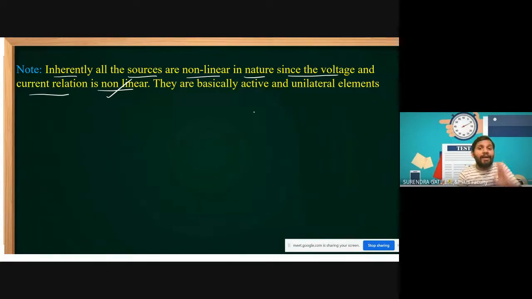Understood? They are basically active and unilateral elements. I told already, sources are the examples of which element, students? Active element. Sources are examples of active elements. These are the final conclusion points with respect to the independent sources. Next.